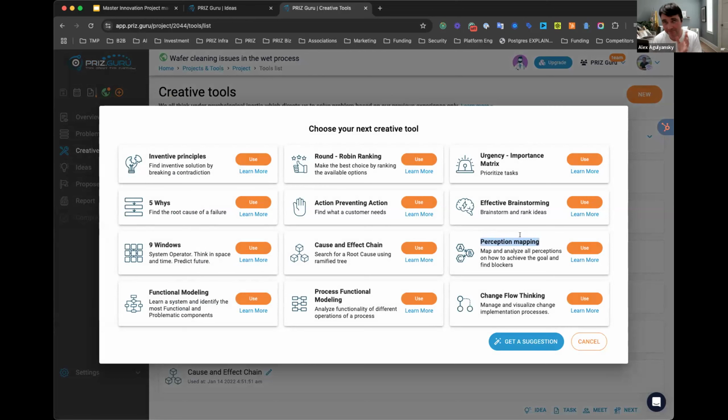Yeah, it's on there. It's actually one of our, I think it was the third tool that we built. It's a very good tool. By the way, you have a button, learn more. You click it and you can read a good explanation of each tool.